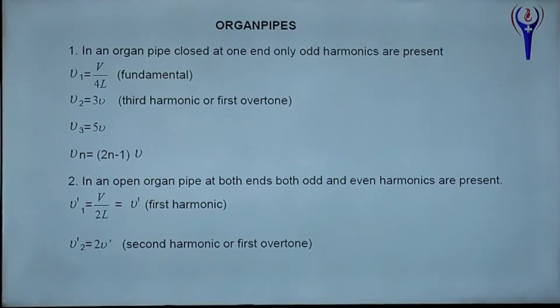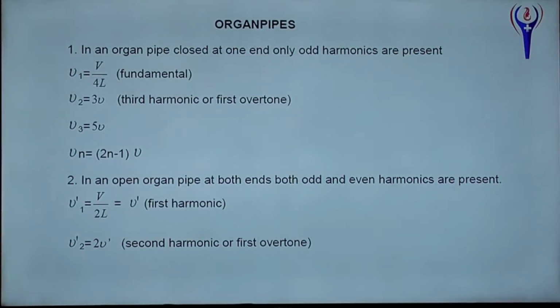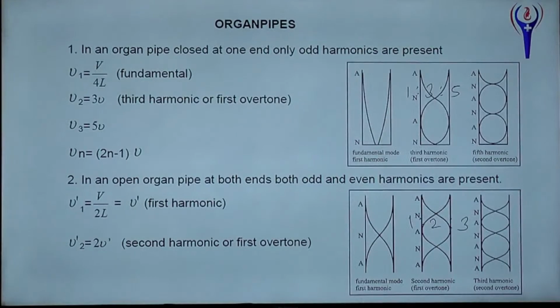And organ pipe: in an organ pipe closed at one end, only odd harmonics are present, 1, 3, 5 as I said. And in an open organ pipe at both ends, both odd harmonics and even harmonics are present. Here 1, 2, 3.